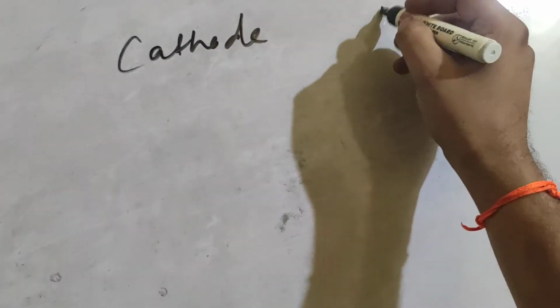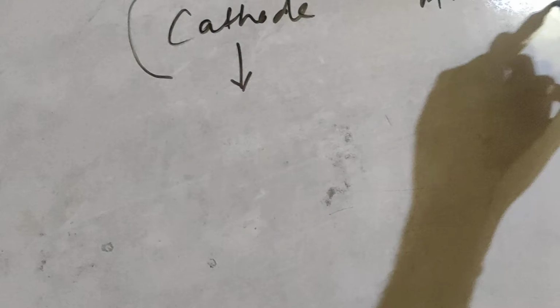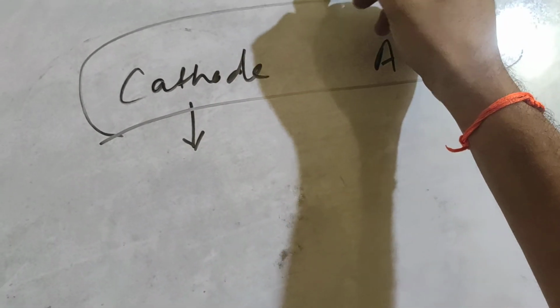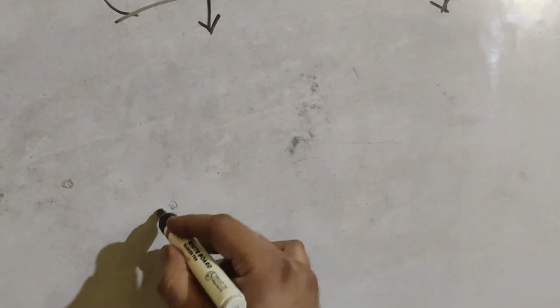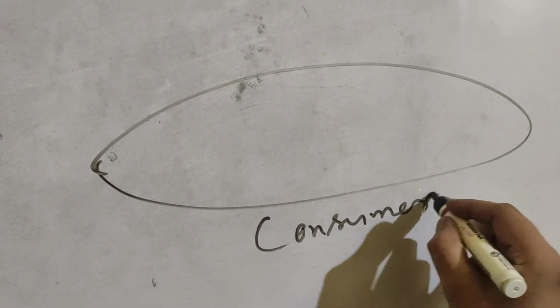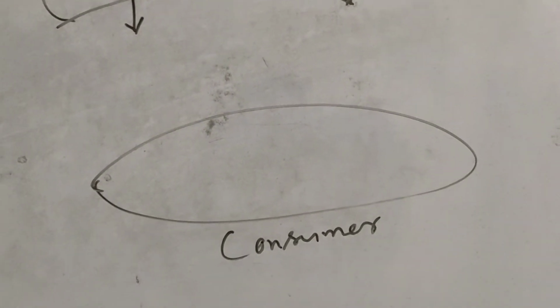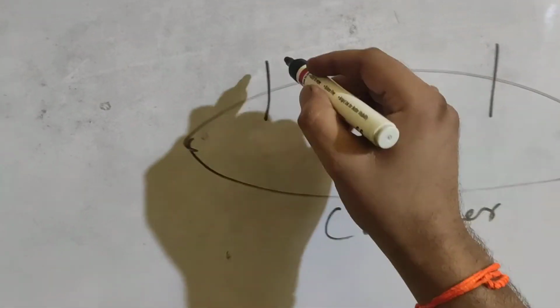Now, whenever you are coupling this supplier with a consumer circuit, if this is a cathode and this is an anode, then the consumer circuit, driven by this source of electrical current or energy, would also have two terminals.